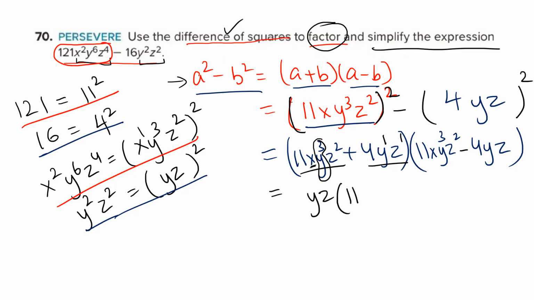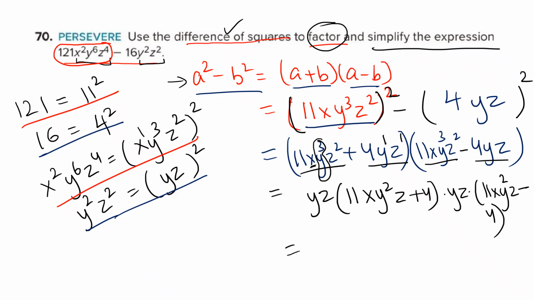Yes. What's left? 11x. Now from y³, I take 1y outside, so y² is left. From z², I take 1z out, so 1z is left, plus 4. Similarly, from the second bracket also, I can do the same. I can take 1y and 1z out and I'm left with the same term but with a negative sign.